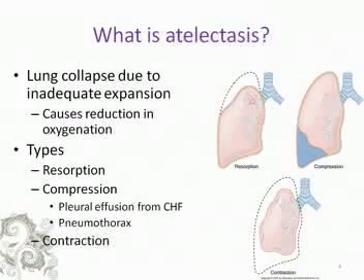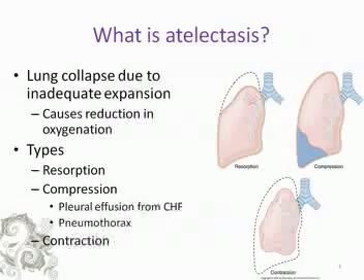In compression, on the upper right, you have a situation that's also known as a passive or a relaxive compression. It's usually due to an accumulation of fluid or blood or air in the pleural cavity. It induces a mechanical type of collapse. It's often seen associated with pleural effusions due to CHF, or congestive heart failure, in patients.